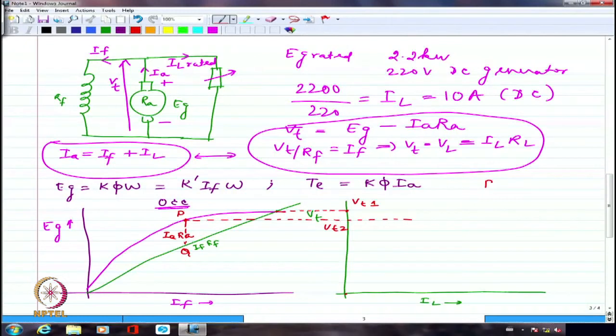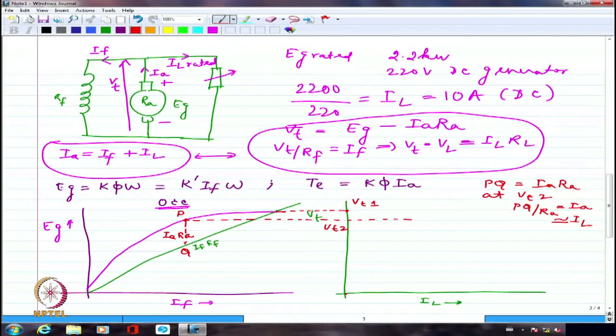So PQ is actually IA-RA at VT2 terminal voltage. PQ divided by RA is going to be IA, which I am approximately assuming to be IL. I can assume IA equal to IL invariably because RA is going to be really small most of the times.